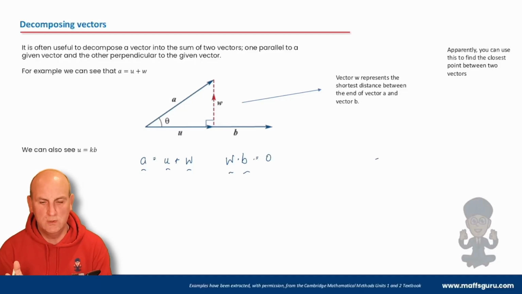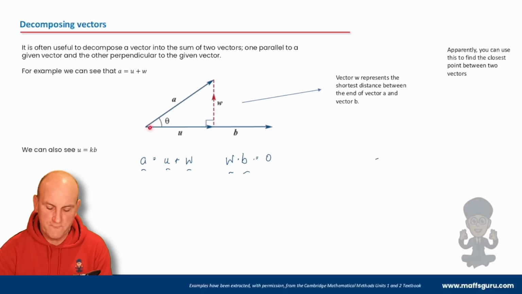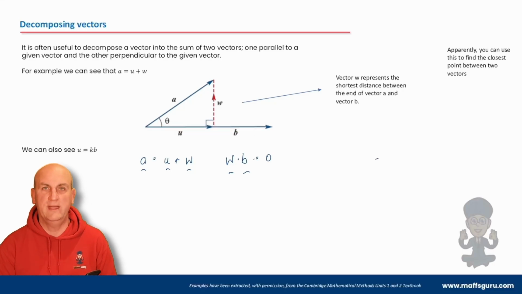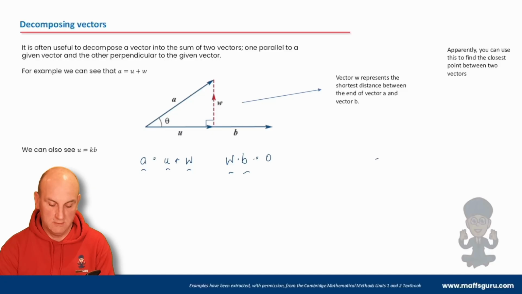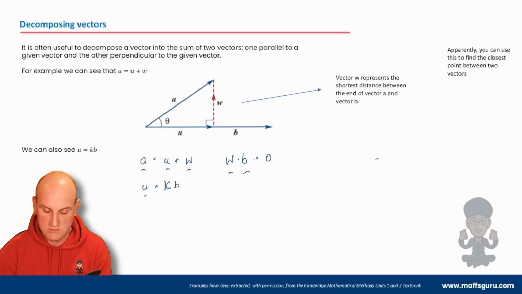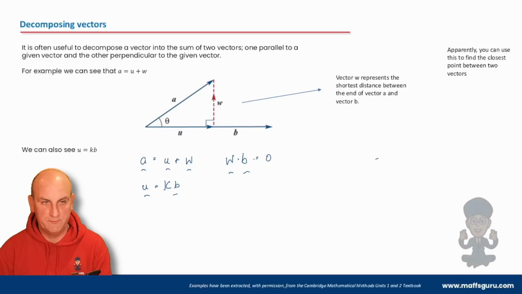But what is U? Well, U is some fraction of that vector B. So let U equal K times B. What can I do with this? Hold on a moment.